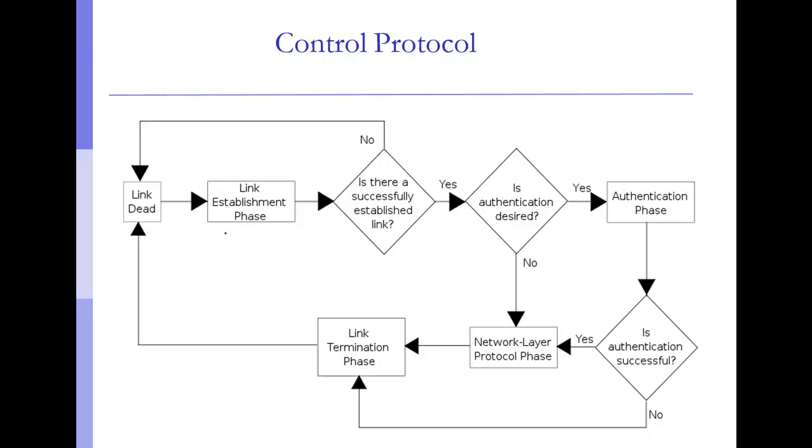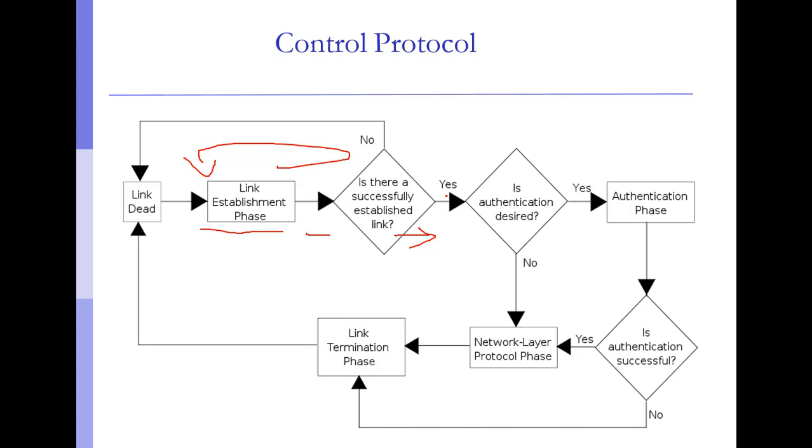It starts from here. You have to establish a link phase, which is basically initializing the link. If the link is successfully established, you can go further, but if it is not, you repeat this phase again and again. This is a closed loop that will keep running until the link is established.